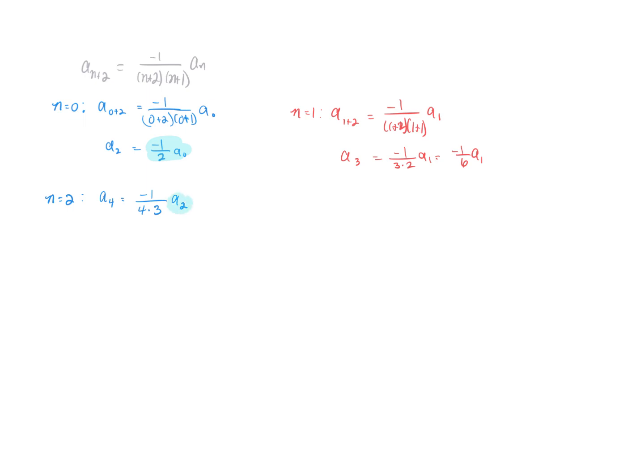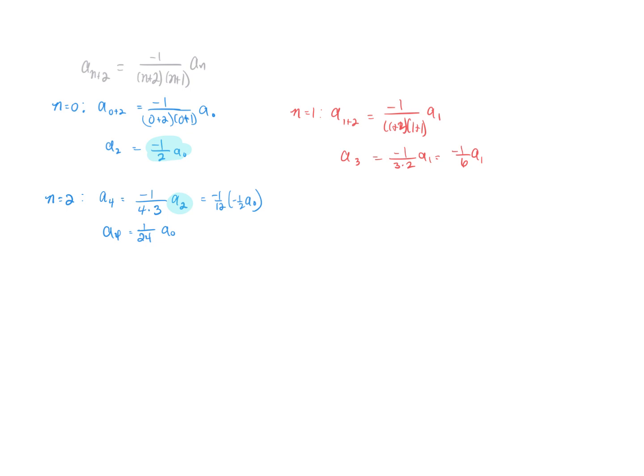So we're going to go back here and plug in a little bit further. Here we're going to say this is actually negative 1 over 12 times negative 1/2 a naught. Or we get a sub 4 equals a positive 1 over 24 a naught.